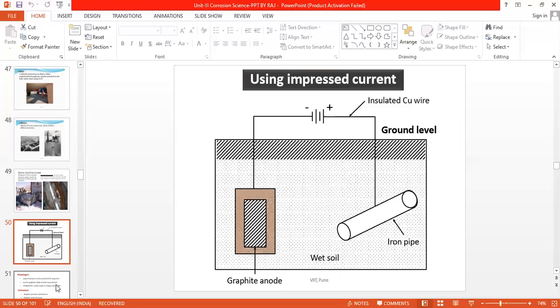Now, the first method we have seen, where we used the sacrificial anode. The second method for cathodic protection is by using the external current.